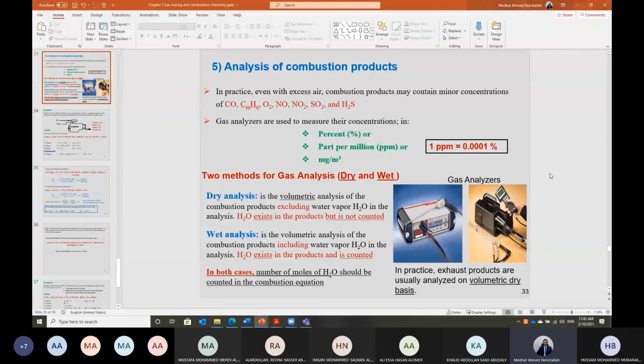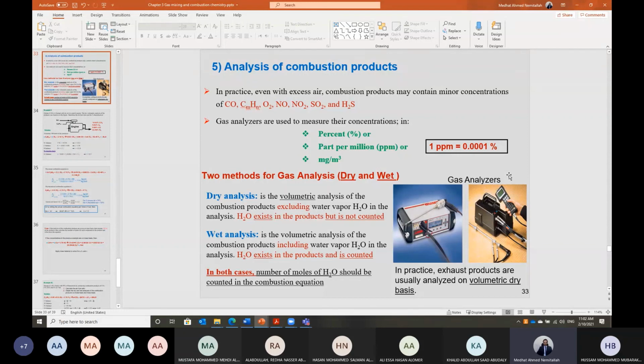Usually they prefer not to add H2O because we can just condense it, and at the end the summation of all of the components should sum up to 1. If I neglect H2O, that would make a problem, and we would need to add an additional sensor in order to measure it.